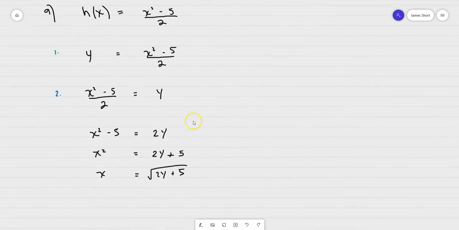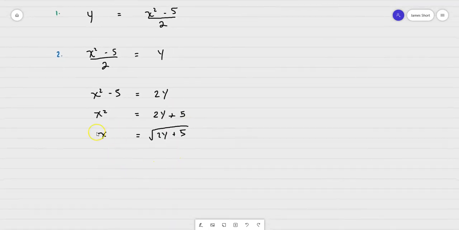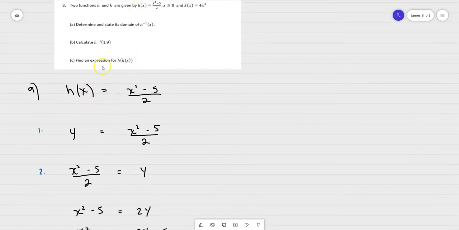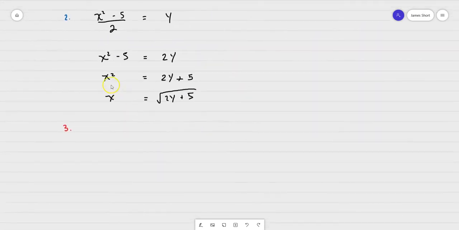Okay, so now we have x. Our last step, step 3 in this process, is we're going to replace x with the inverse of the function. In this case, it's inverse h of x. So we're trying to find h to the minus 1 of x, and that's what we're going to replace this with.